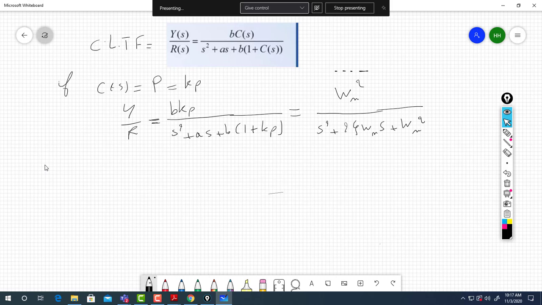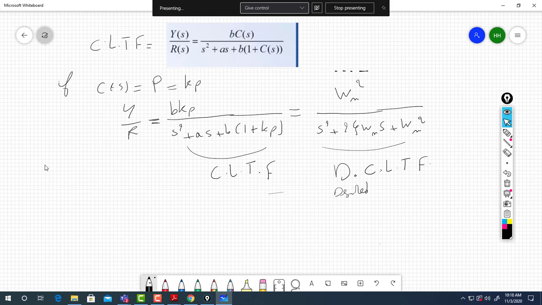So what you are doing is comparing your closed loop transfer function, doing system identification with your desired closed loop transfer function.